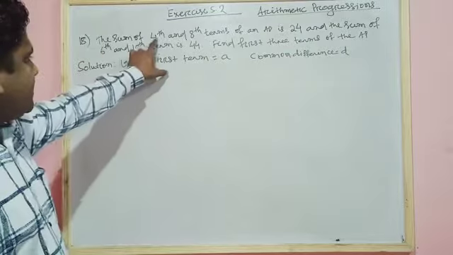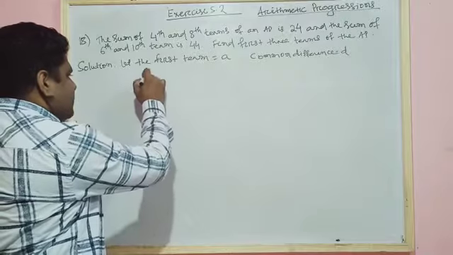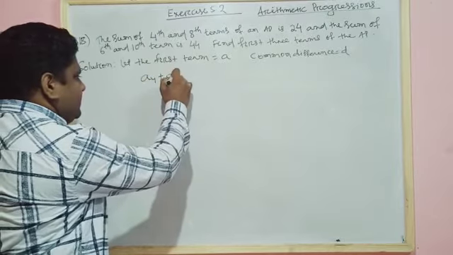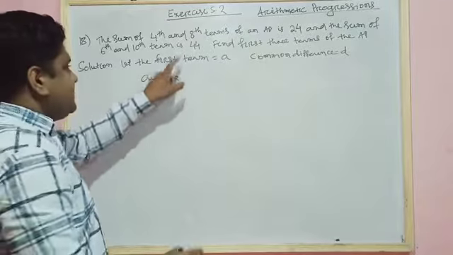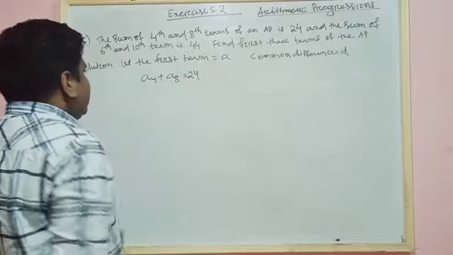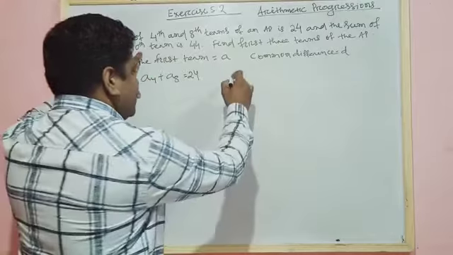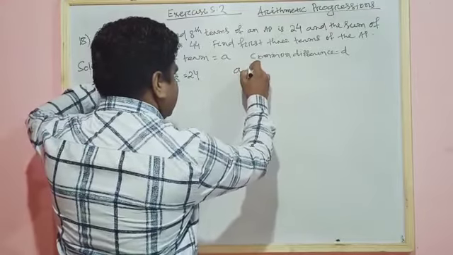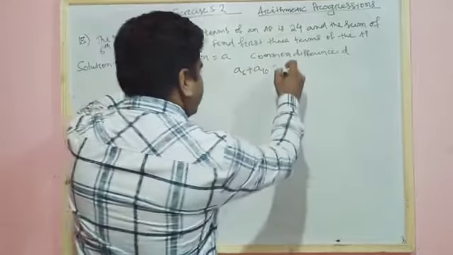It is given that the sum of the 4th and 8th term, meaning a4 plus a8, is 24. And it is also given that the sum of the 6th and 10th term, meaning a6 plus a10, equals 44.